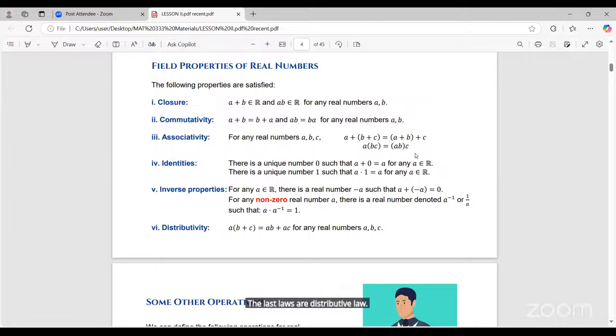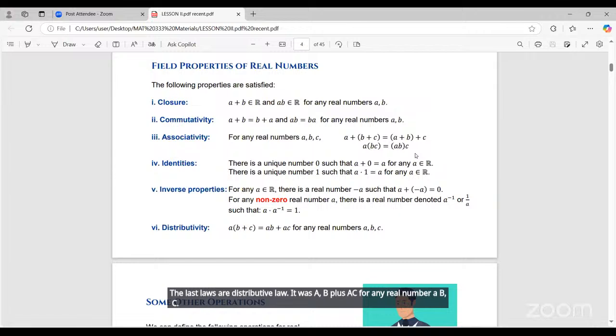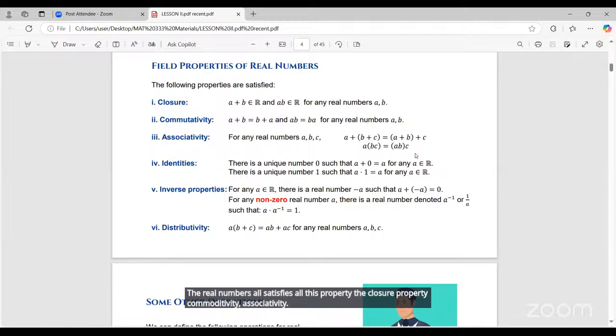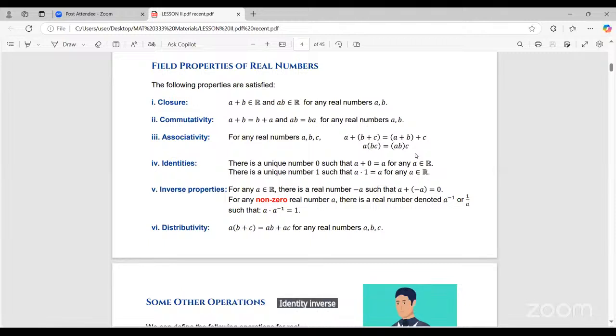A times (B plus C) equals AB plus AC for any real numbers A, B, C. The real numbers satisfy all these properties: the closure property, commutativity, associativity, identity, inverse, and distributive property.